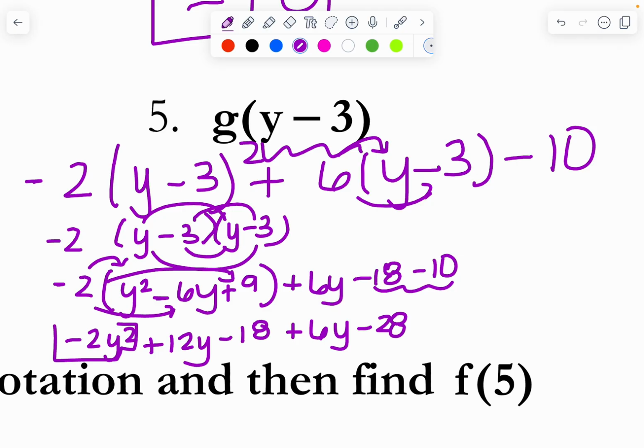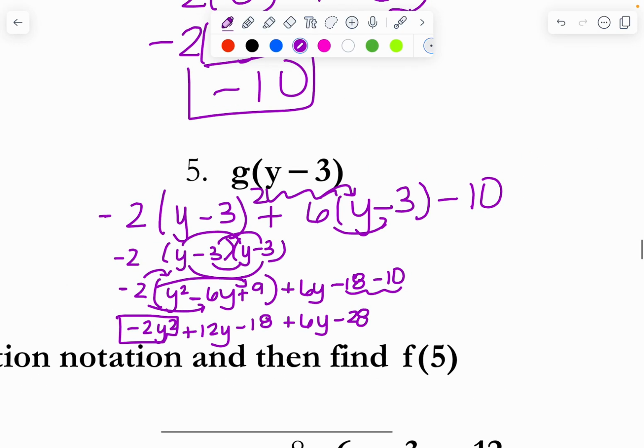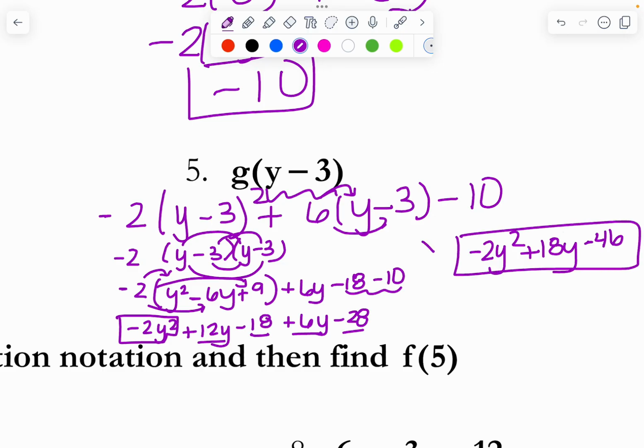The negative 2y squared is by itself, so I have negative 2y squared. I have 12y and 6y is 18y. And then I have negative 18 and negative 28 is going to be negative 46. And so this is my final answer.